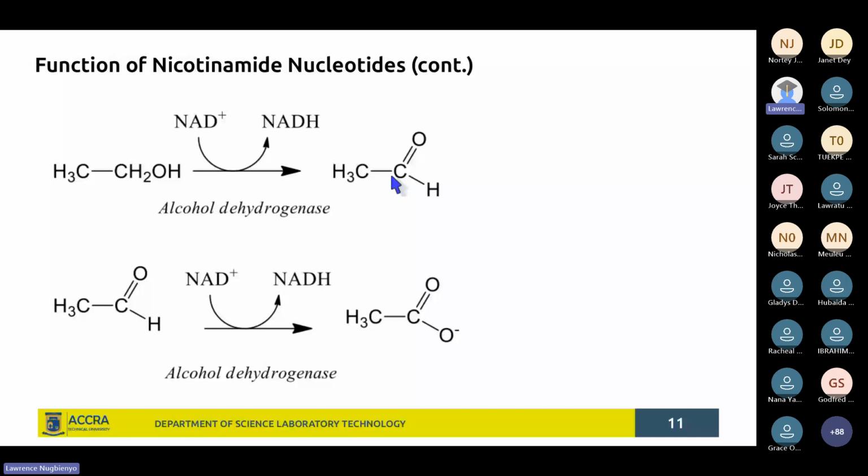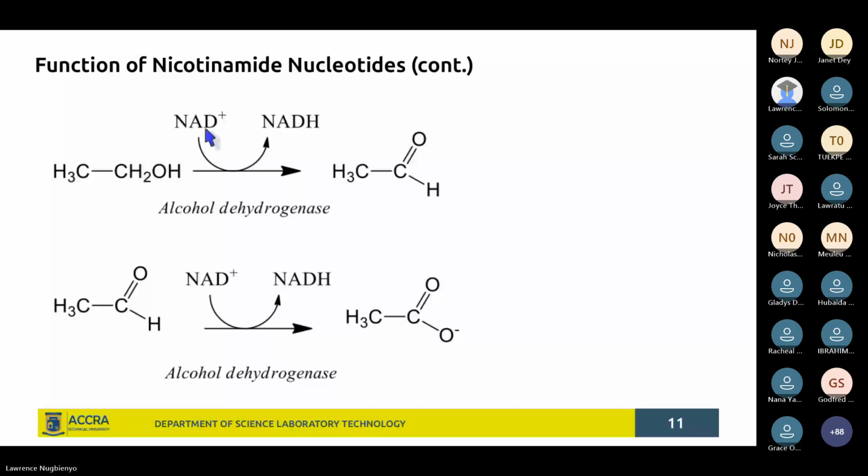And so the reaction continues: acetaldehyde gets converted to acetic acid. It's a common reaction to do with alcohol metabolism. The enzyme involved in that process is the alcohol dehydrogenase, and the coenzyme there is a nicotinamide dinucleotide. All right.